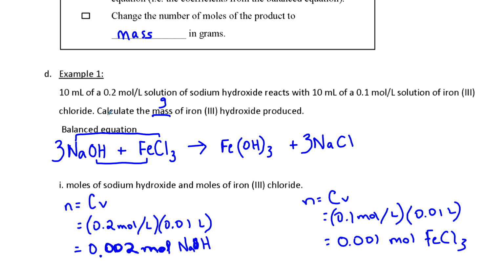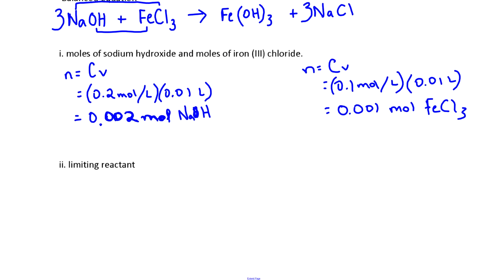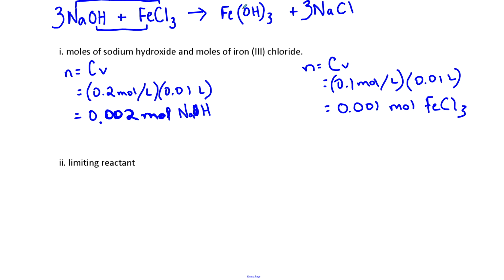The question is asking us about the mass of iron 3 hydroxide, so I'm going to convert to iron 3 hydroxide for both reactants, because I know I'm going to need to know something about that anyway. I'm going to take my 0.002 moles of sodium hydroxide and convert it eventually to grams of iron 3 hydroxide.